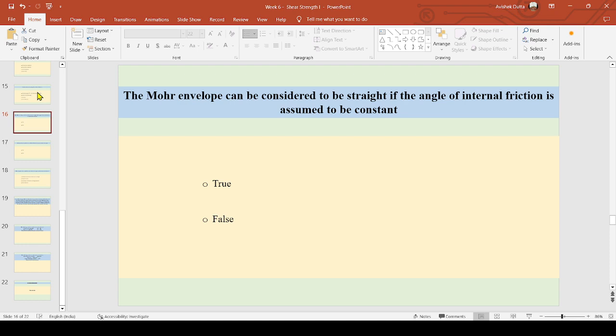I repeat the question. So when we consider the friction angle of a soil to be constant, can the Mohr envelope be considered to be straight or not? That is the question. You have to tell me whether this statement is true or false.